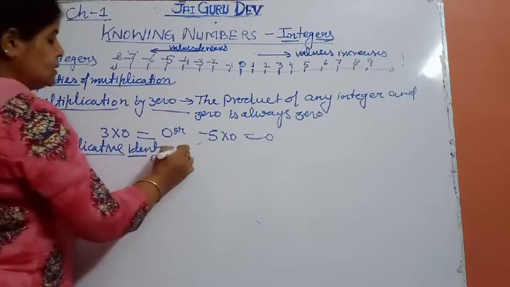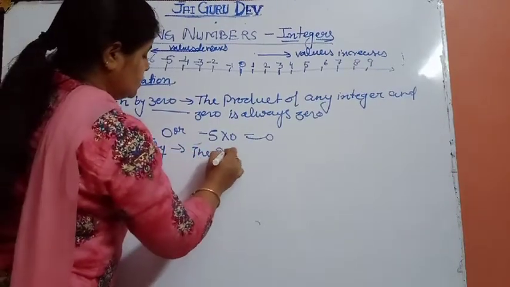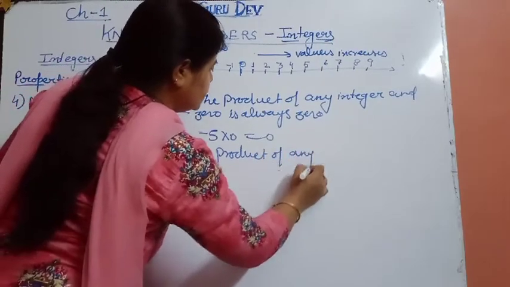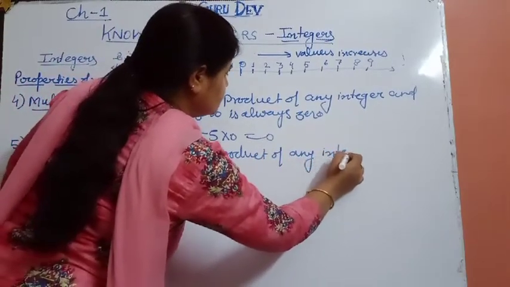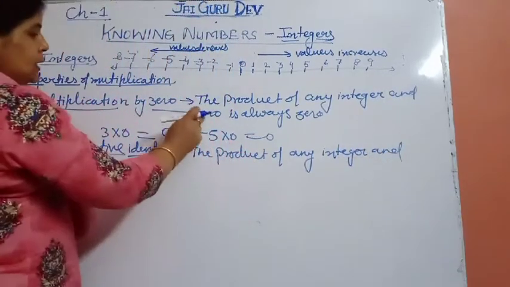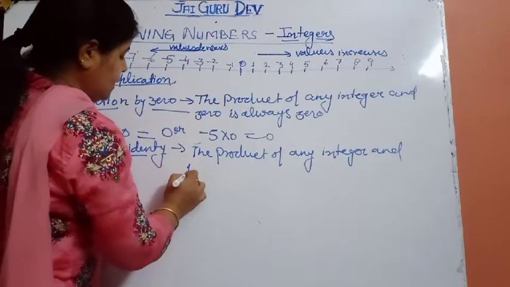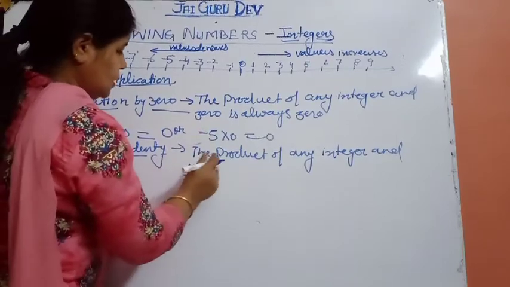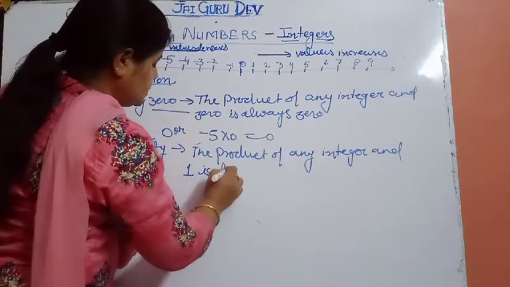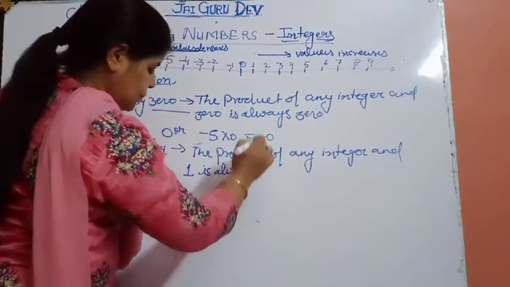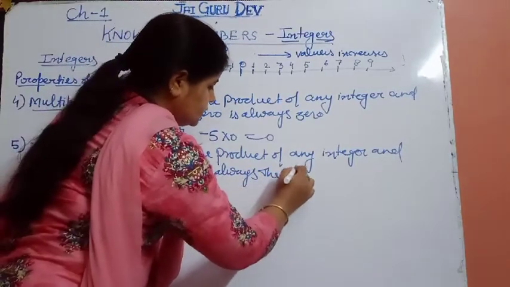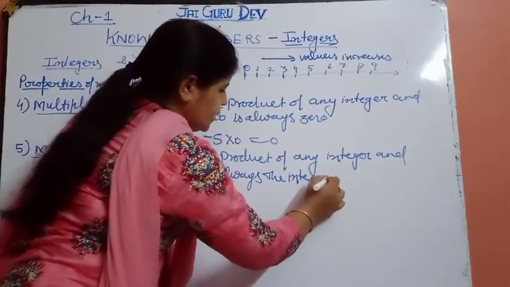Multiplicative identity means the product of any integer and, here we have taken 0, here we will take 1, is the product of any integer and 1 is always the integer itself.